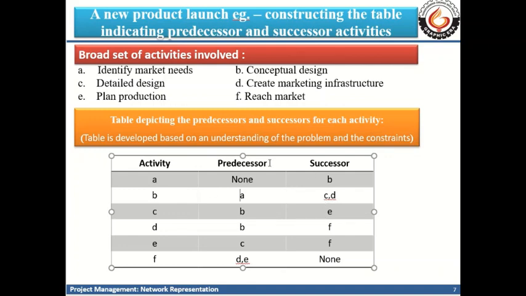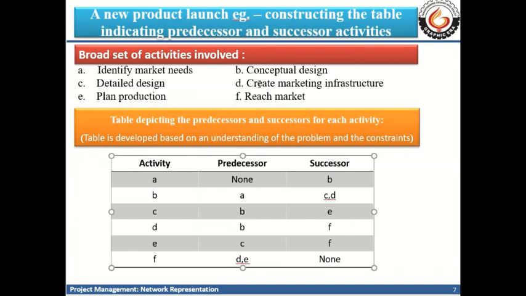Now next is the activity C. Activity C has its predecessor, that is the previous activity, as activity B, so it is listed out here. And after the detailed design, we are going ahead with planning of our production. So this is the successor activity for activity C. Next is the activity D, which is creating marketing infrastructure.